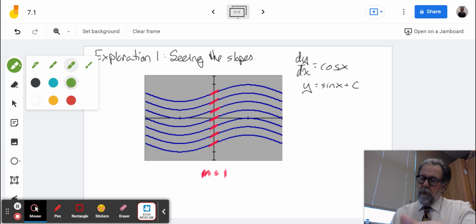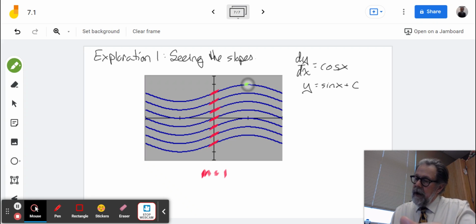So let's look at some other points. How about here? The slope of this graph at pi over 2 will always be equal to 0. And at negative pi over 2, the slope will be equal to 0.